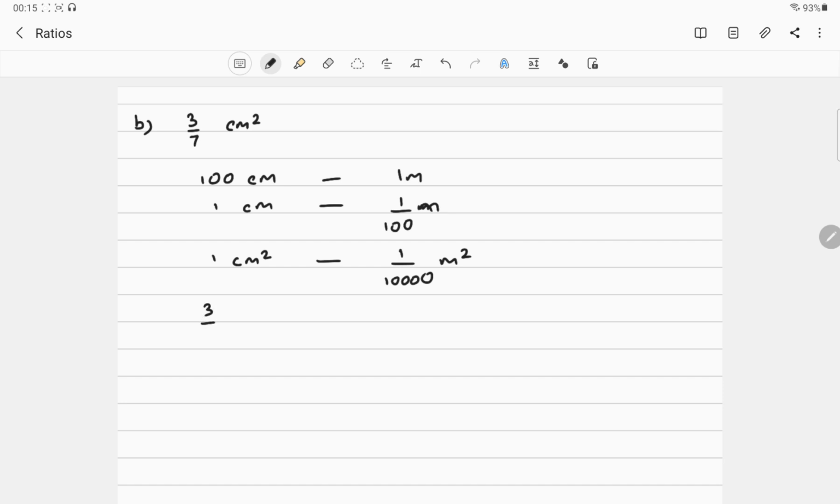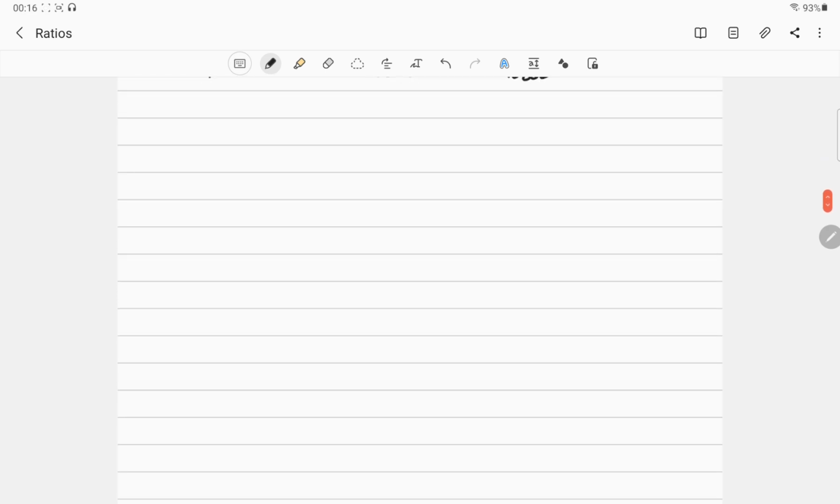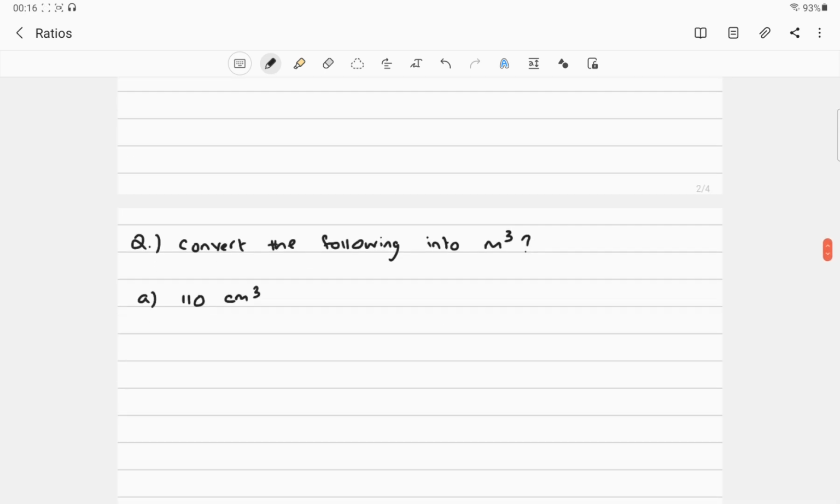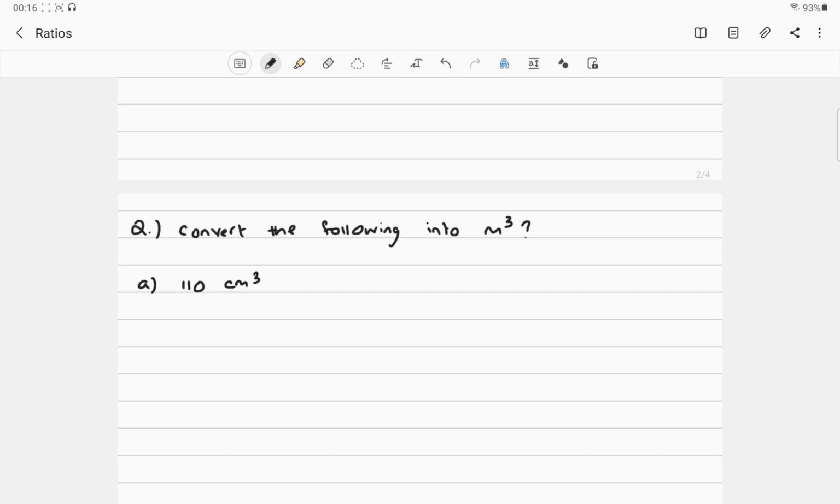So 3 upon 7 centimeters squared would be 1 upon 10,000 times 3 upon 7, which is 3 upon 70,000. It's a weird number, but it's okay. We leave all our answers in fractions just to represent them as being exact.